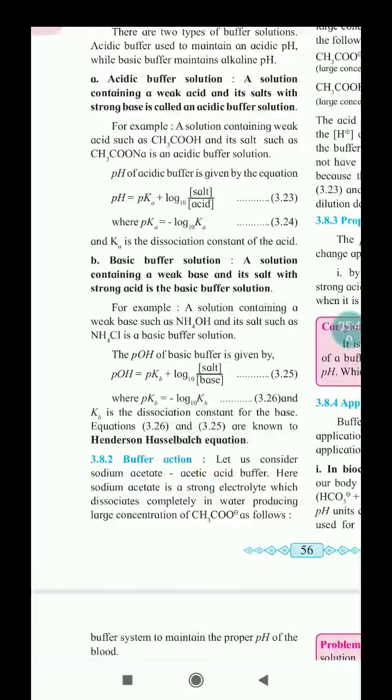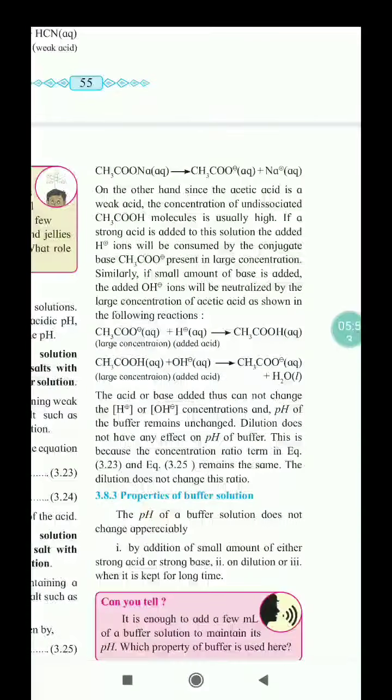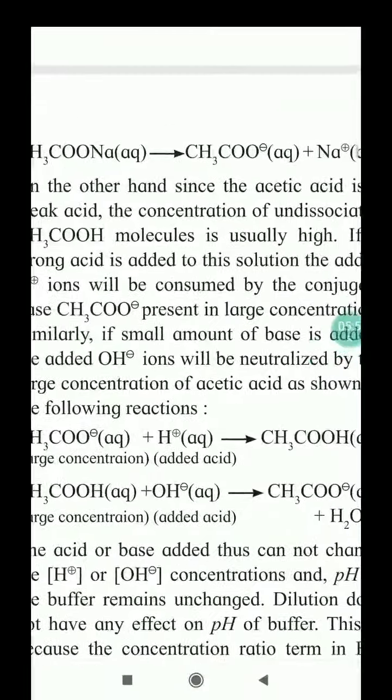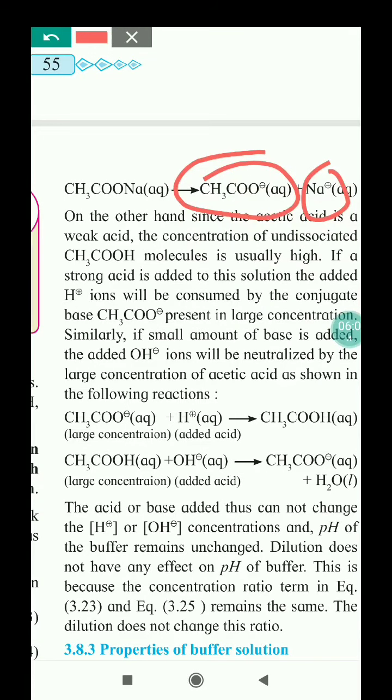Then, the buffer action. Let us consider sodium acetate and acetic acid, the acidic buffer. Here sodium acetate is a strong electrolyte, whereas acetic acid is a weak electrolyte. Sodium acetate on dissociation gives sodium ion and acetate ion, and acetic acid on dissociation gives acetate ion plus H+ ion.